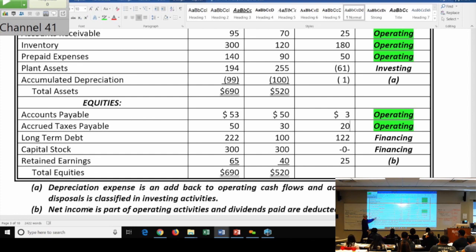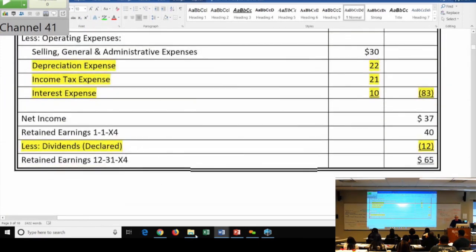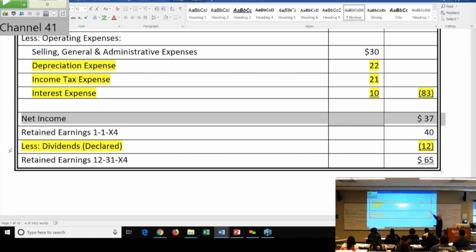Capital stock, there's no problem. No change. Retained earnings went from 40 to 65, up by 25. But I've got dividends of 12. So what happened? Well, we've already got this kind of mapped out. If you look at the income statement, we know that net income was 37, and we can account for that change very easily because we know that there were dividends of 12, and that's where we know it went up by 25.